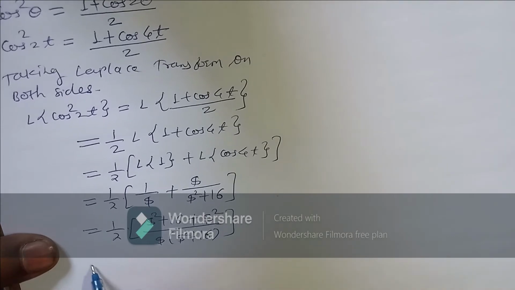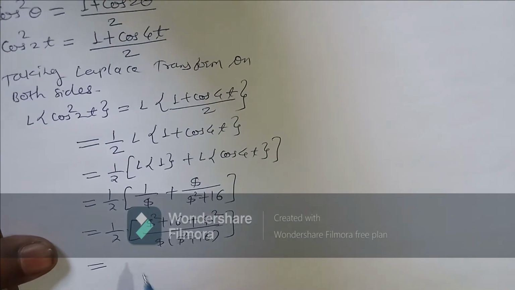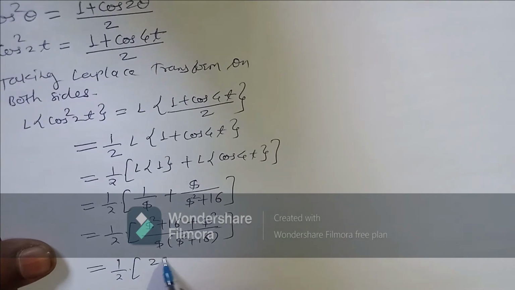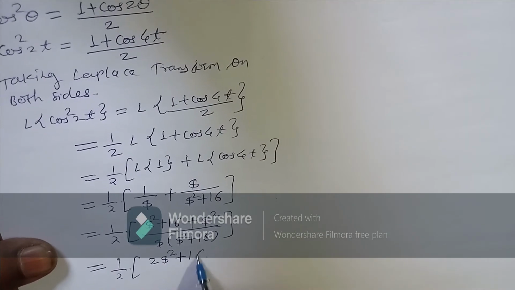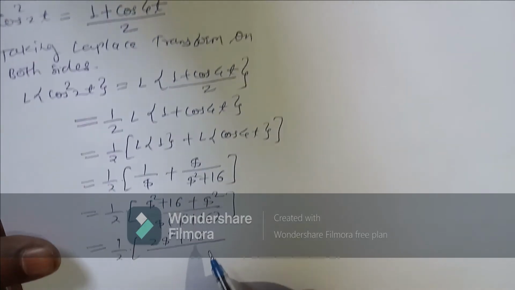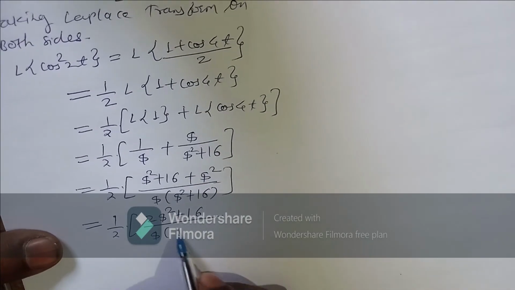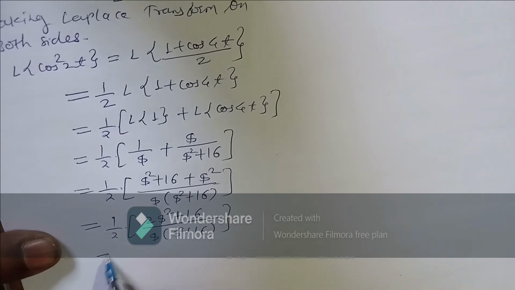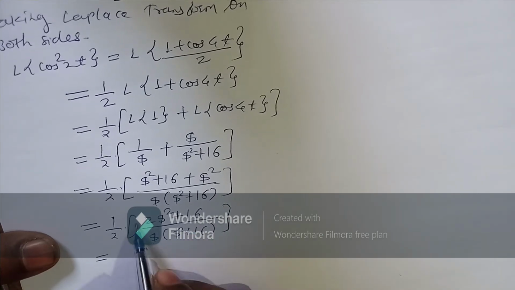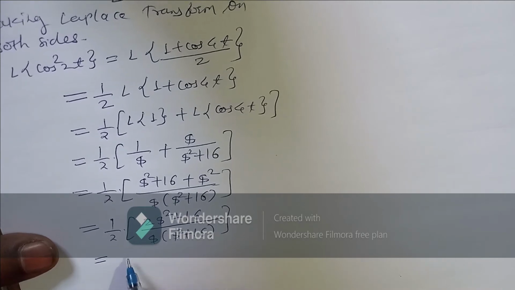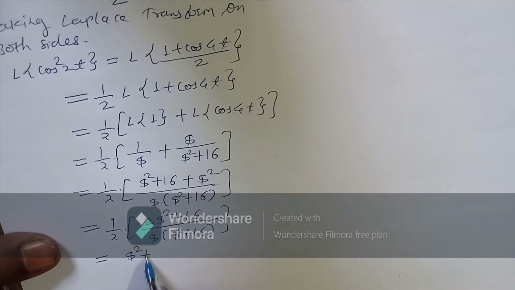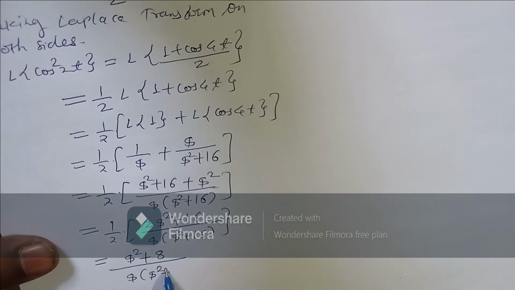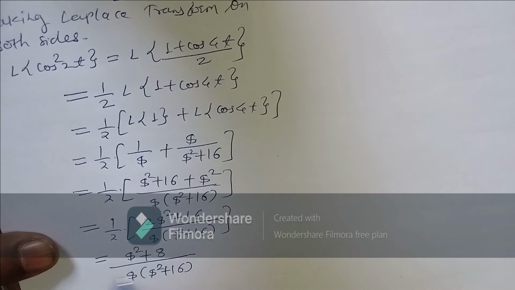Now that is equal to 1 by 2 in bracket s square plus s square is 2s square plus 16 divided by s in bracket s square plus 16 bracket close. Now from the numerator we can take 2 common, and this 2 will get cancelled, and what we get finally? s square plus 8 divided by s in bracket s square plus 16 bracket close.